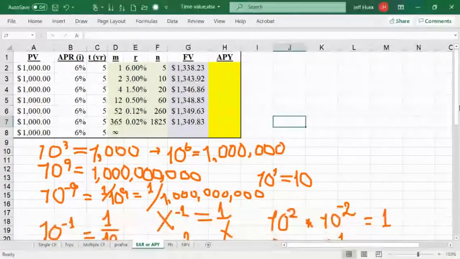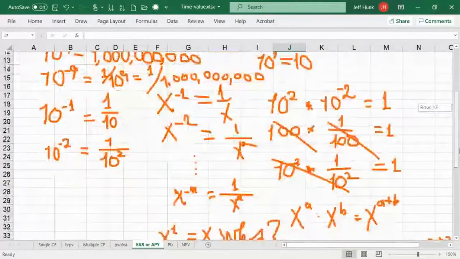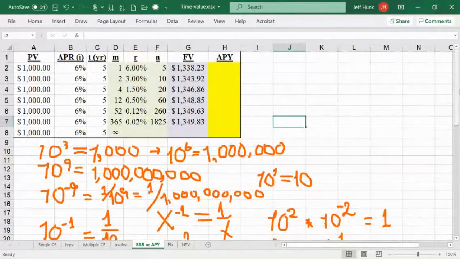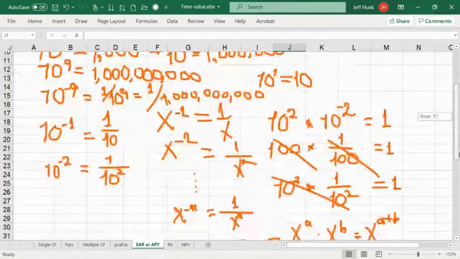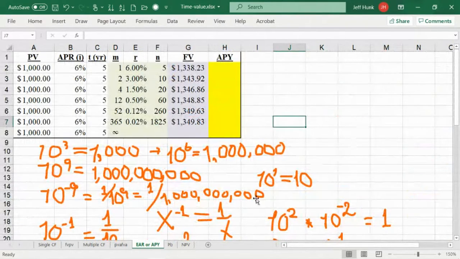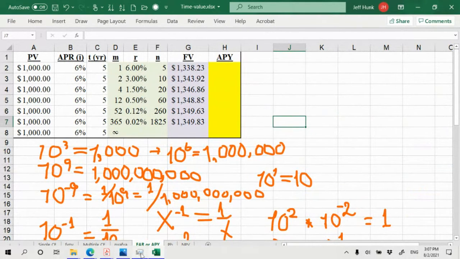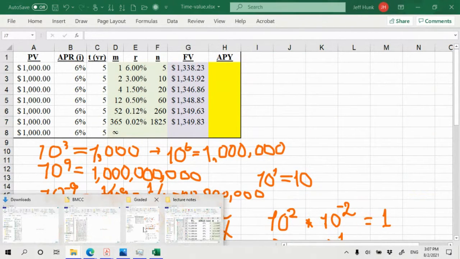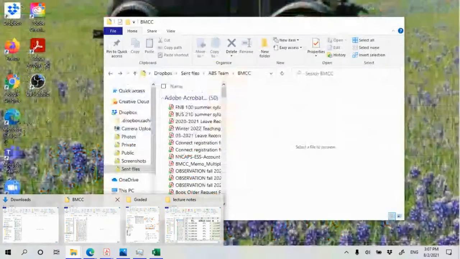So the last thing we were talking about was the APY, right? Effective interest rate. We need to also open this file.